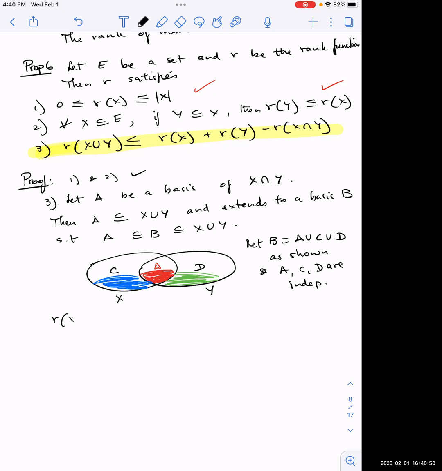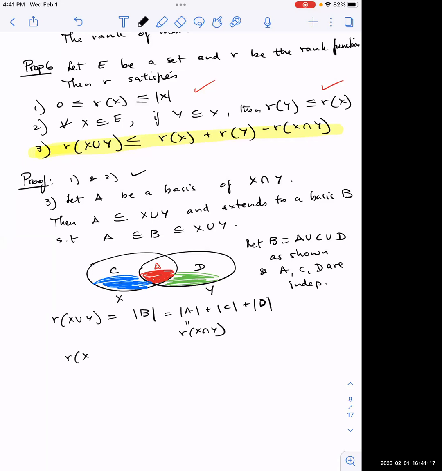Now, rank of X union Y is the size of B, right? Because B is the largest independent set in X union Y. B is a basis for X union Y, and that's equal to A plus C plus D, right? And this of course is rank of X intersection Y.